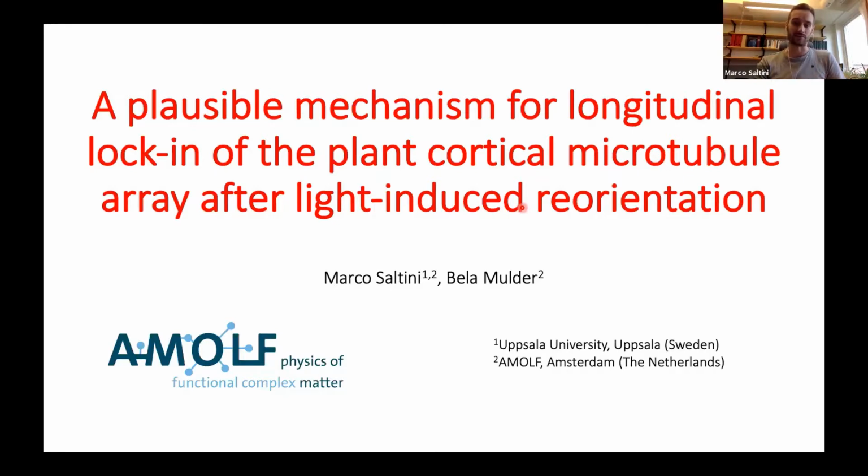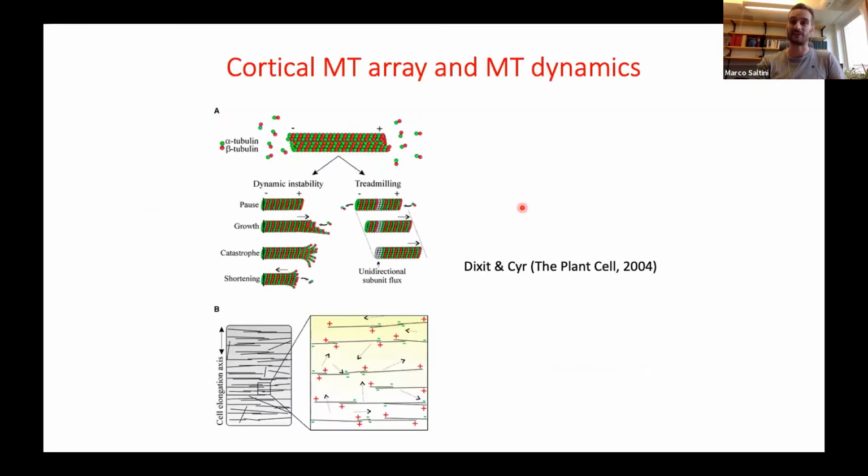But let's start from the beginning, which means that I will give a very quick introduction about this system. As you of course all know, the cortical microtubule array is a highly ordered structure in plant cells, and it is responsible for many cellular processes and needs to drive the growth and the morphogenesis of the cell, and therefore also of the plant as a whole.